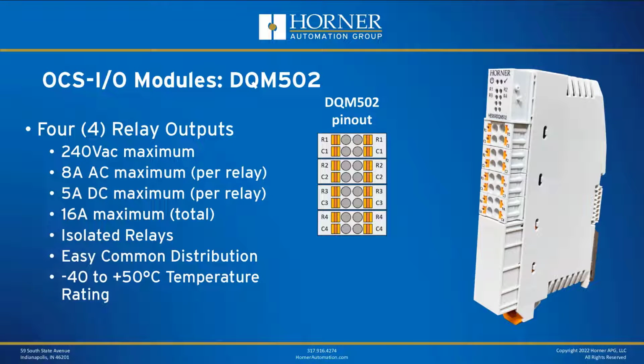All the relays are isolated, and once again, we have duplicated all the contacts to make it easy to distribute your signals. Now, we haven't really talked about environmental ratings yet, but in general, all the modules are rated from -40 to +60, with the exception of this particular module, which is limited to +50 because of its current capacity.